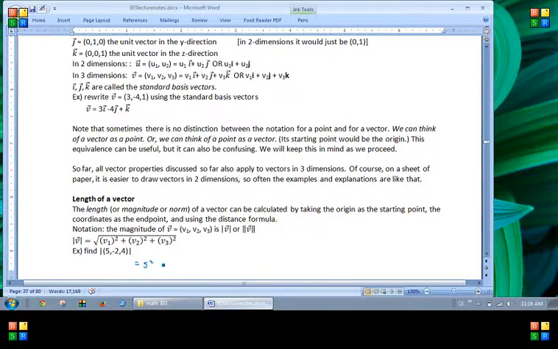5 squared plus negative 2 squared plus 4 squared, and then square root of the whole thing. That's the square root of 25 plus 4 plus 16. That's just the square root of 45.